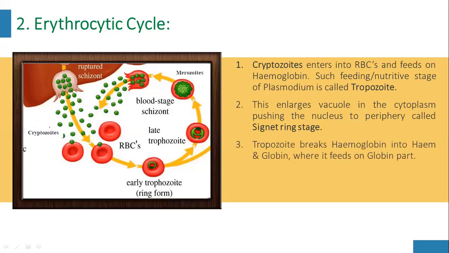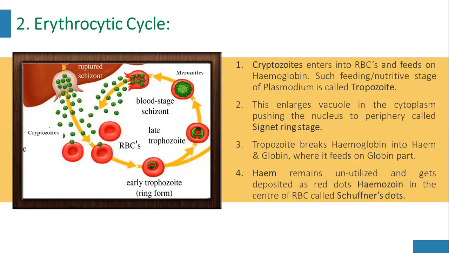Trophozoite now is feeding on the hemoglobin. Is it true? Trophozoite now will break the hemoglobin into two parts, heme part and globin part. And trophozoite is interested in feeding only on the globin part because it is rich in proteins. It feeds only on the protein part. But heme remains unutilized.